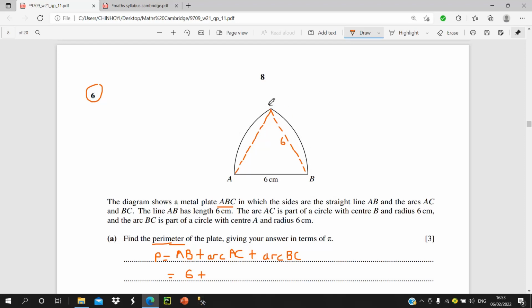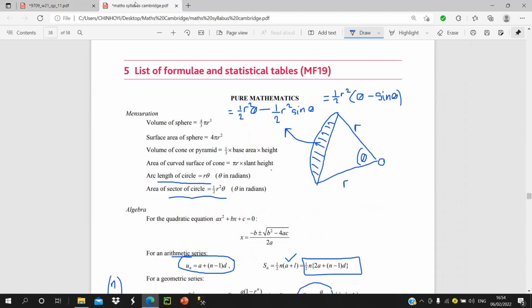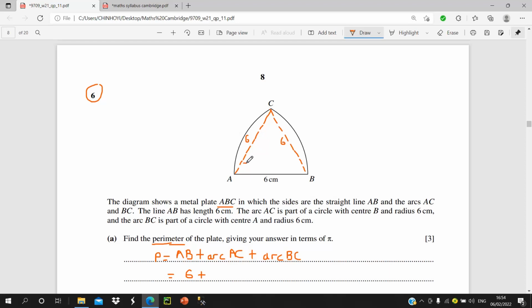AC is the arc with the center B, and also BC is the arc with the center A. So again this one is 6. As you can see, we now have an equilateral triangle within this plate. So for an equilateral triangle, each angle is 60 degrees. So we have to convert 60 degrees to radians, because the formula needs radians. So 60 degrees in radians, I think you are aware of it, it's pi over 3.